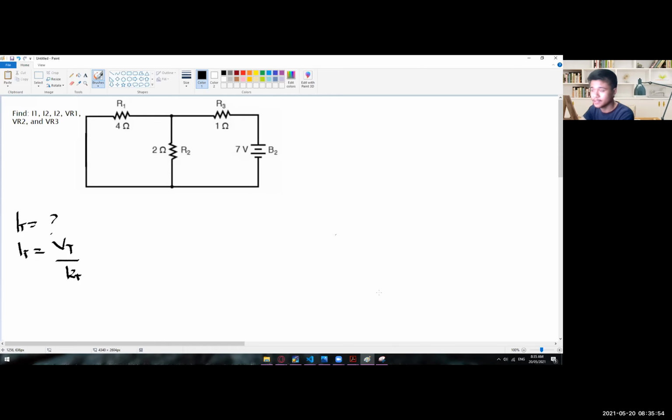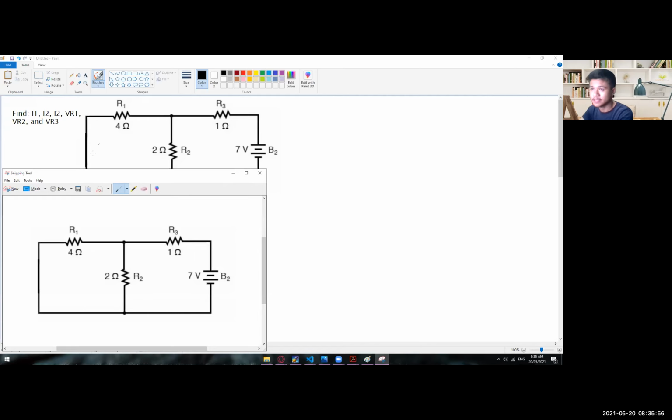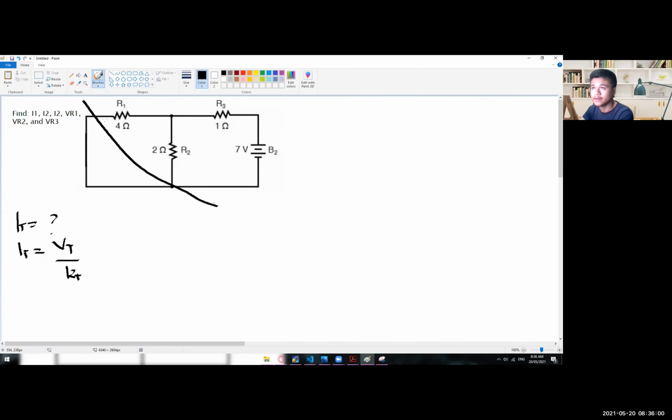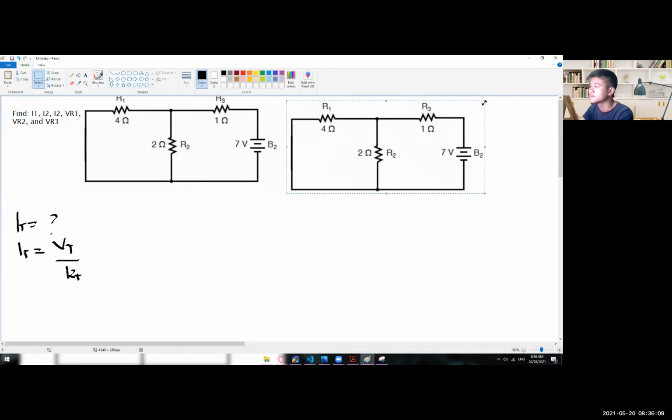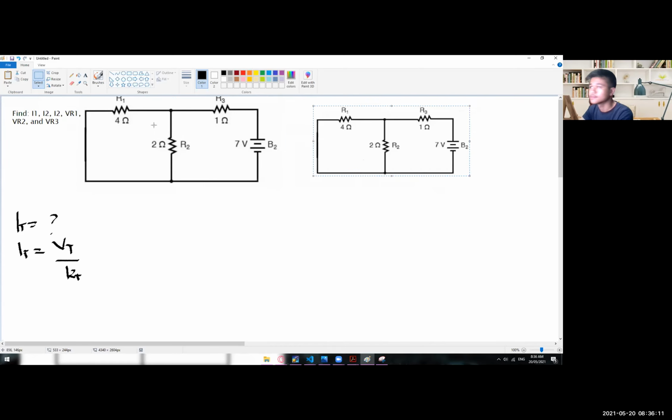Okay. So let me just create another simplified version of this one. I will delete this one to make everything in series connection.